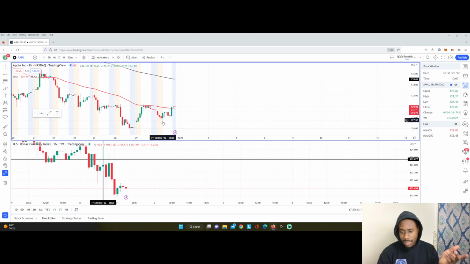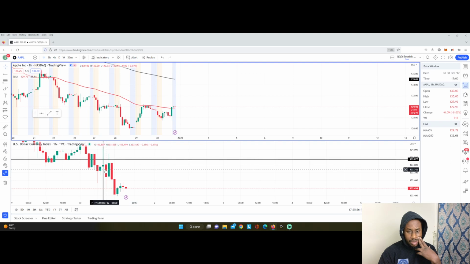Even Apple stock, it looks similar to the QQQ, even though it is in the QQQ. But on the 9 o'clock candle, you have a push down. And then your next candle is a push up.